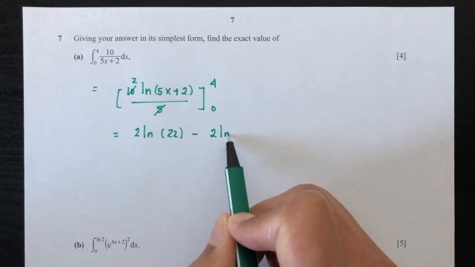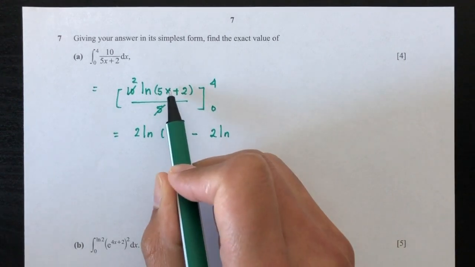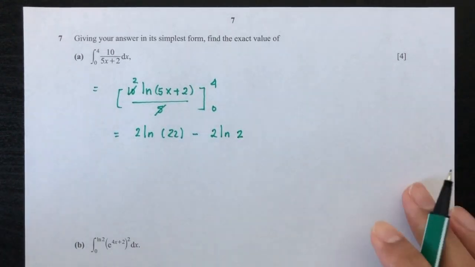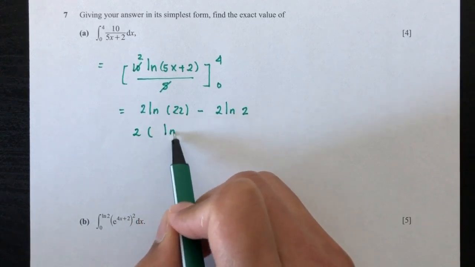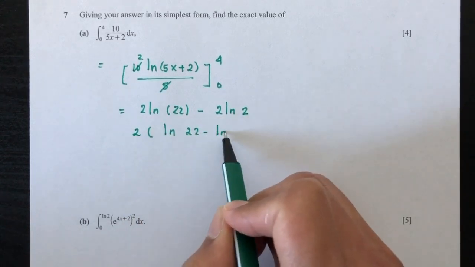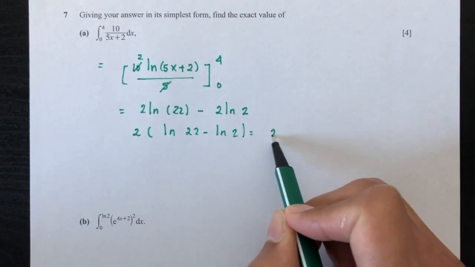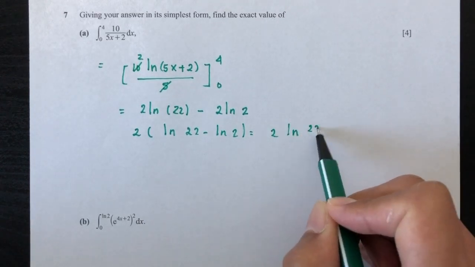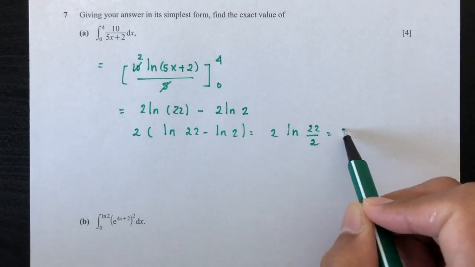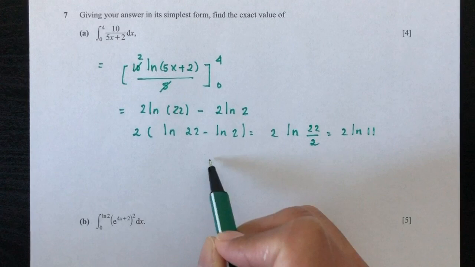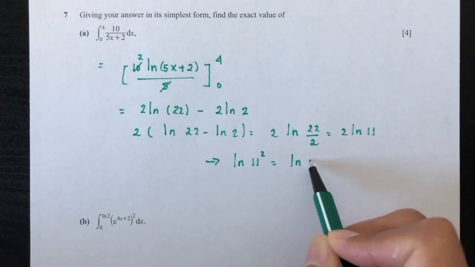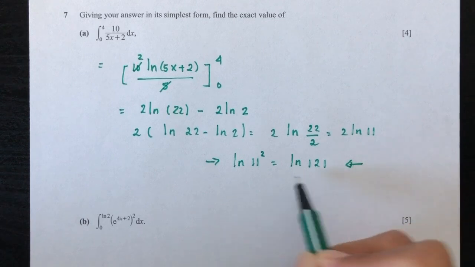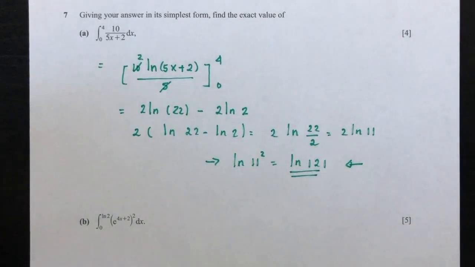Minus 2 ln of, this is 0, that will be 2. Now we can take out the 2, you will have ln of 22 minus ln of 2. Now minus becomes ln of 22 divided by 2, that will be 2 ln of 11. So this will give you ln of 11 square, which is ln of 121. So this will be your answer for part A.